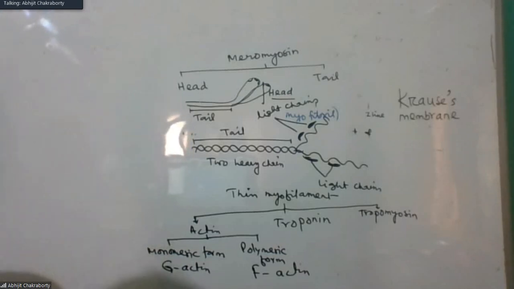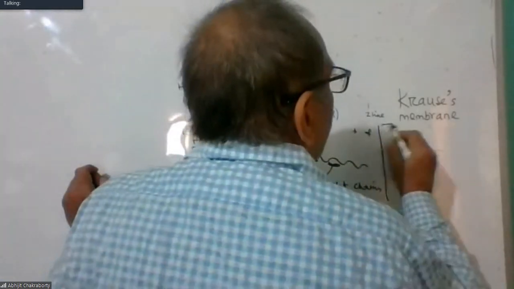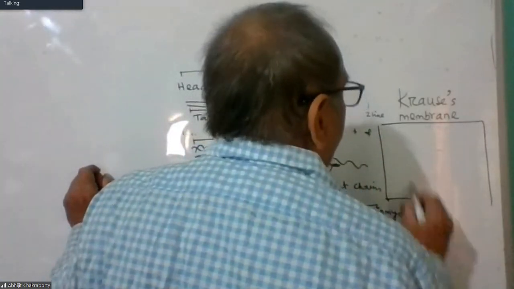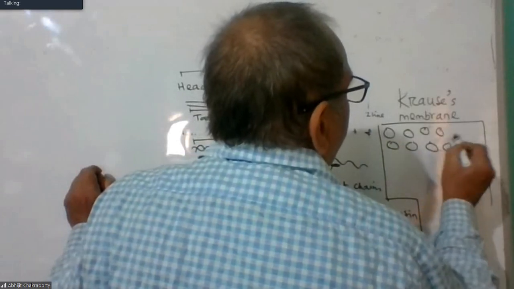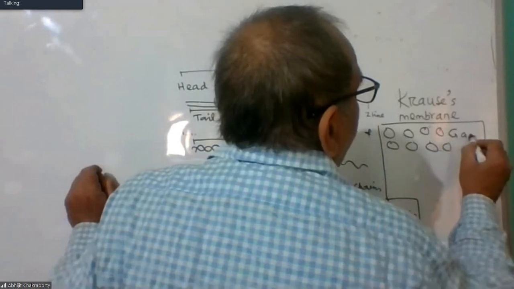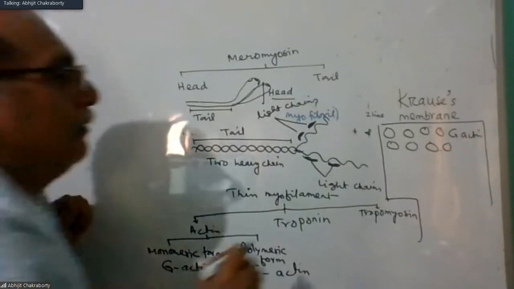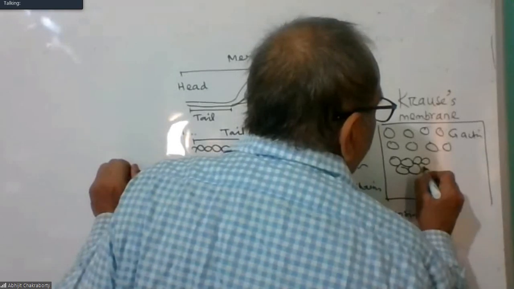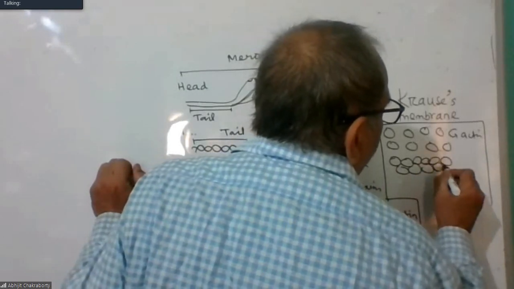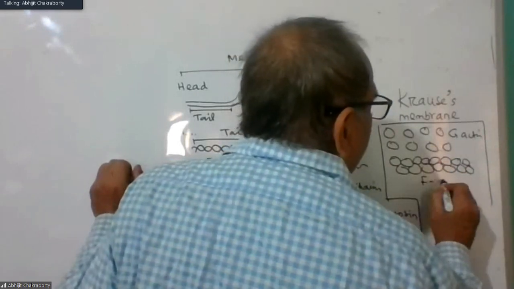Maybe in the monomeric form or in the polymeric form. For example, I am telling you, suppose G-actin, when they are united like this, this is the polymeric form, then you can call it F-actin.